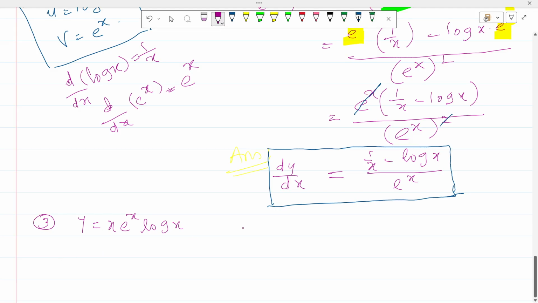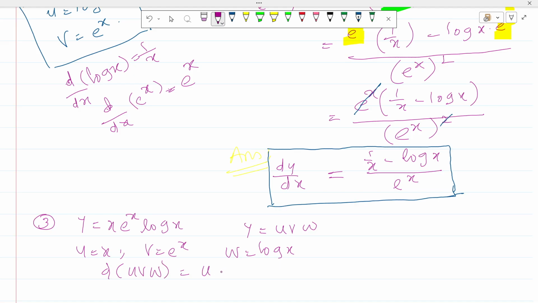So it is in the format of y equal to uvw, where u equal to x, v equal to e power x, w equal to log x. Then differentiation of uvw equal to, first you keep u, differentiation of v, and then w.